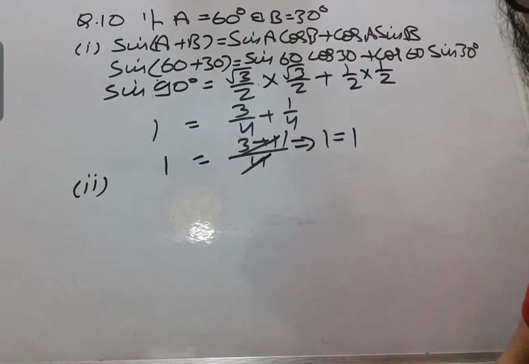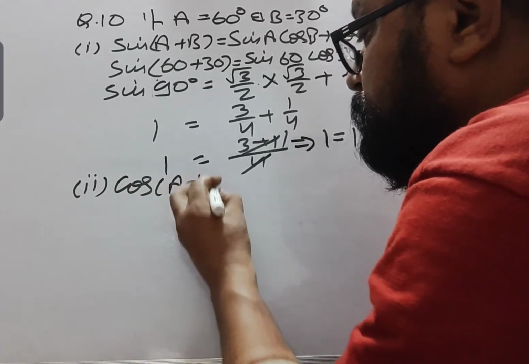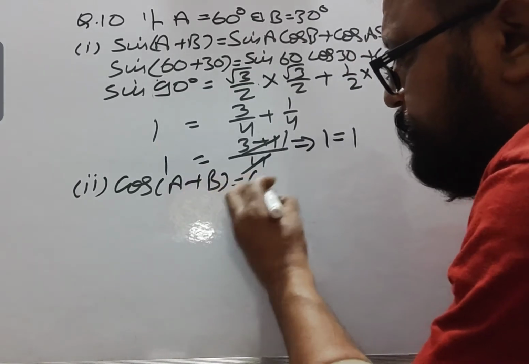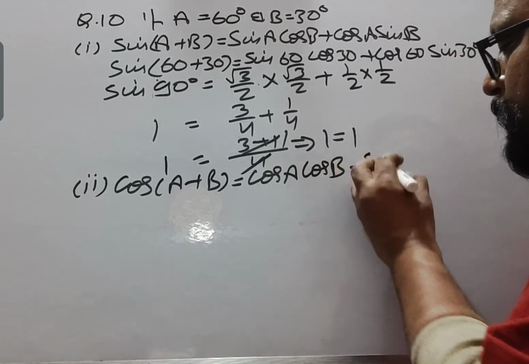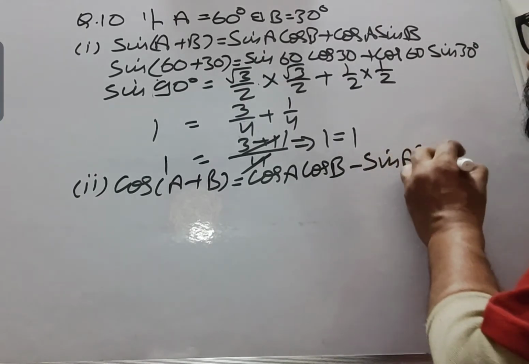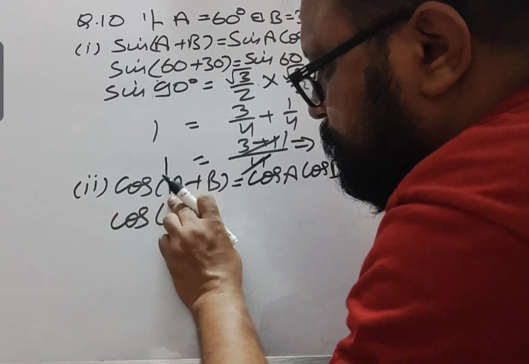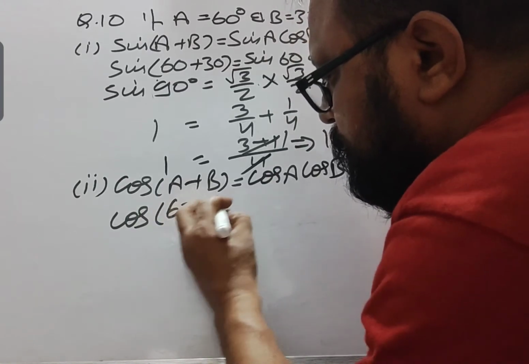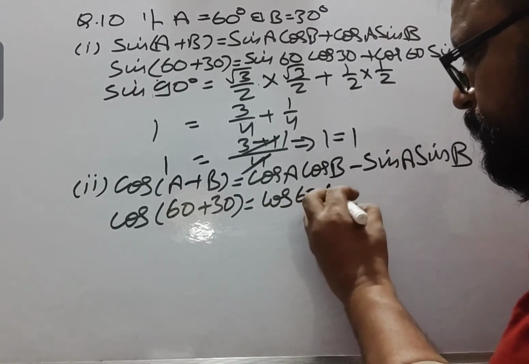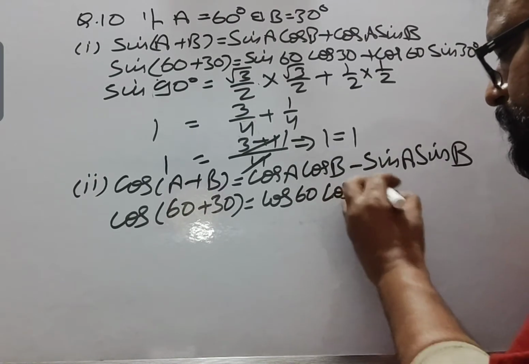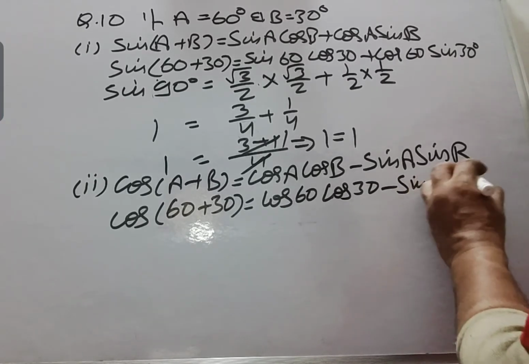The second part is cos(A + B). Cos(A + B) is equal to cos A cos B minus sin A sin B. So cos(60 + 30) is equal to cos 60 cos 30 minus sin 60 sin 30.